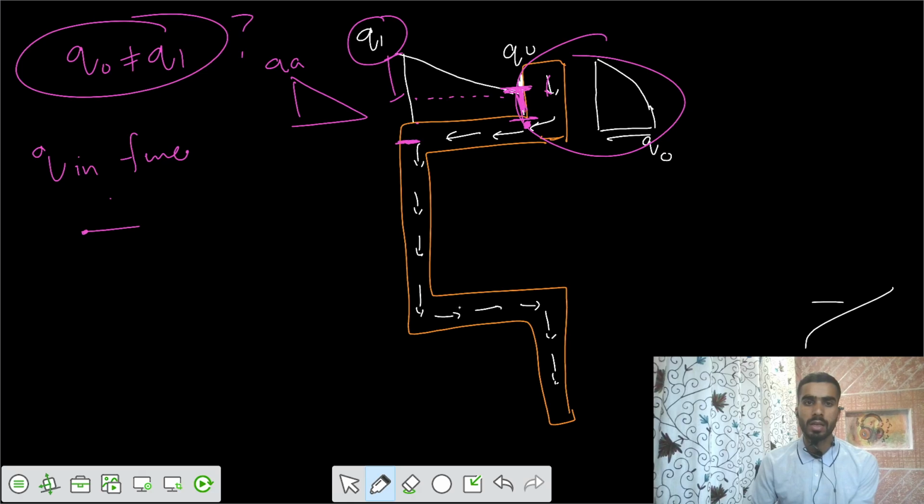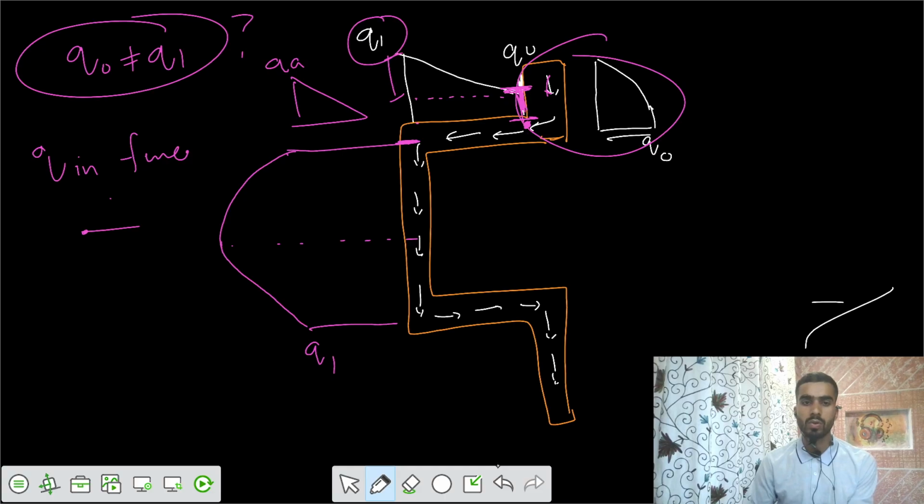Finally Q1 enters here, and since this is a vertical member, we can have a parabolic variation. There is some parabolic variation such that, based on the symmetry, we get the maximum value up to this point, and after that we go again to the value of Q1.